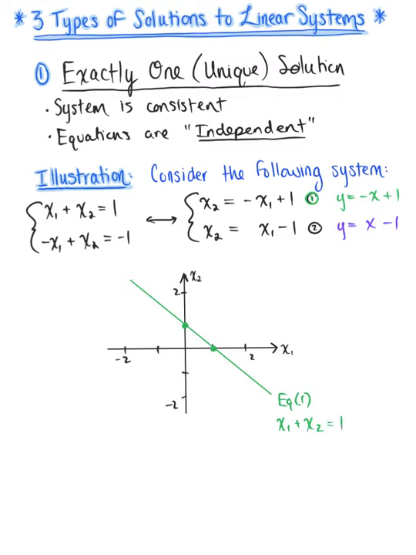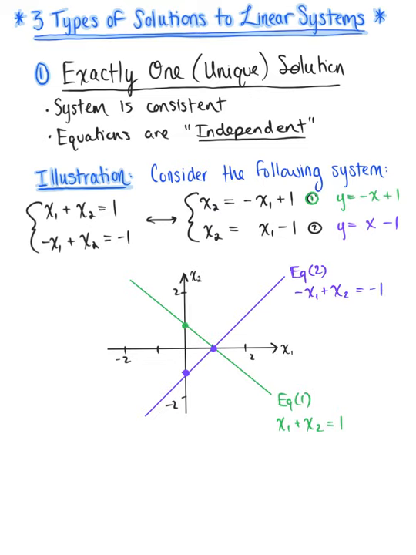Now equation 2 has a y-intercept at negative 1 and an x-intercept at positive 1. So again, very similarly, to sketch this line, we draw a smooth curve passing through those 2 points. So here is equation 2, which was given to us originally as minus x sub 1 plus x sub 2 is equal to negative 1.